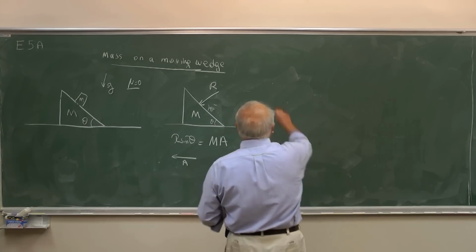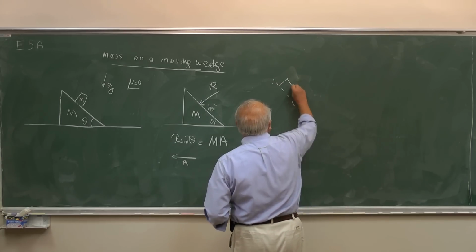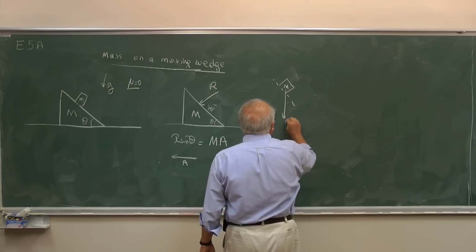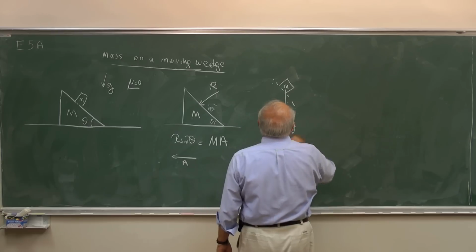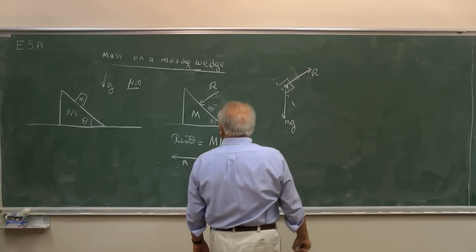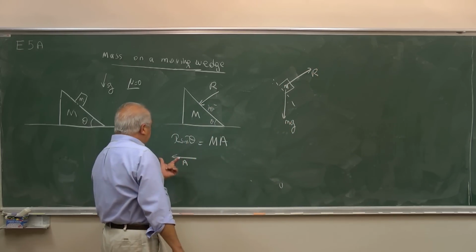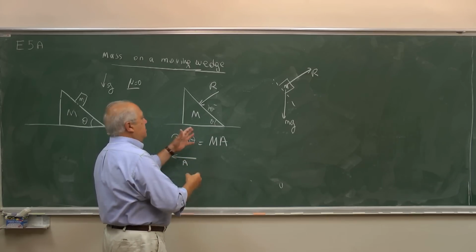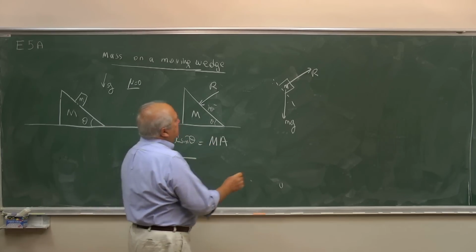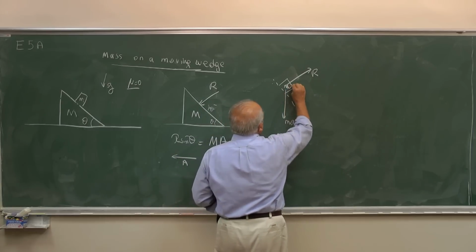Isolate the mass m. Here's mass m. Here's the gravity down, mg. Here's the reaction force R. And since the wedge, our observer, is going to the left, it will see a force acting on m.